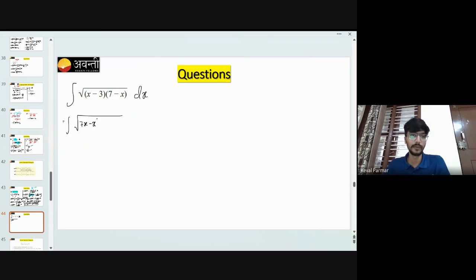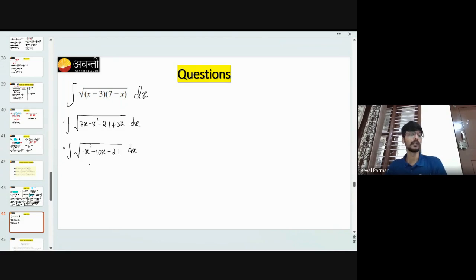Minus x square, 3x dx, right? So if I simplify it, I'll get under root of minus x square, it is quadratic, right? 7x plus 3x plus 10x minus 21.